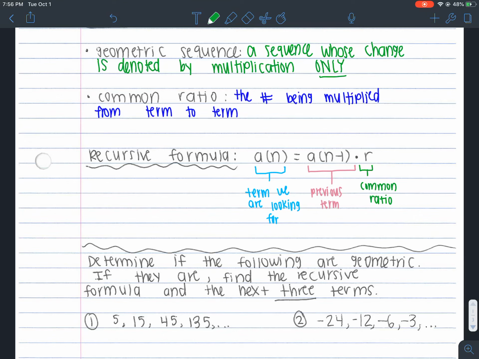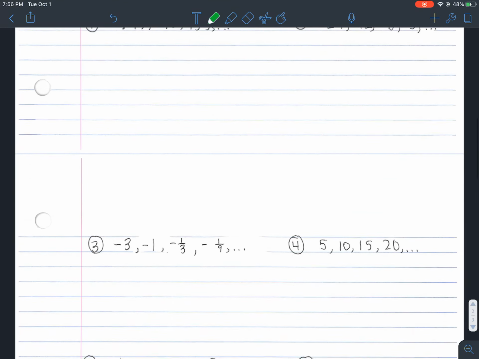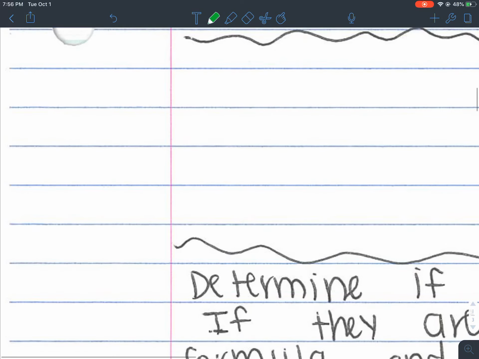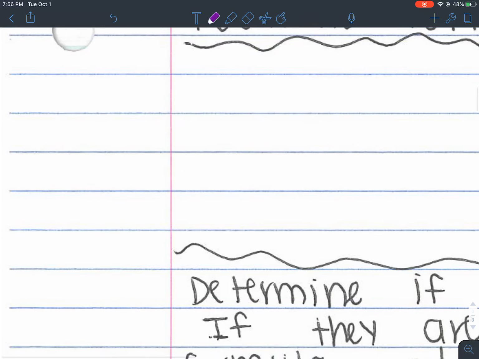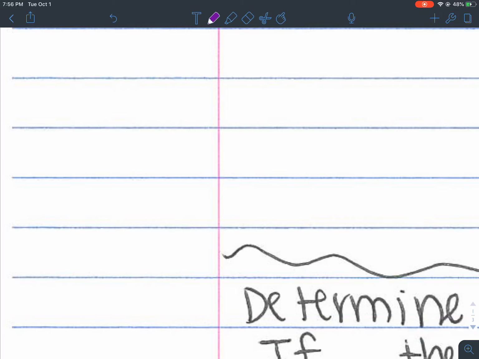Now, before we get into examples, I want to go over something really briefly with you. And I'm going to do it over here for a second. I'm going to give you an example, okay? My example is going to be 4, 2, 1, 1/2, 1/4, dot, dot, dot. Okay, now, as you're looking at this, I want you to look at what's happening as you get from number to number, okay?